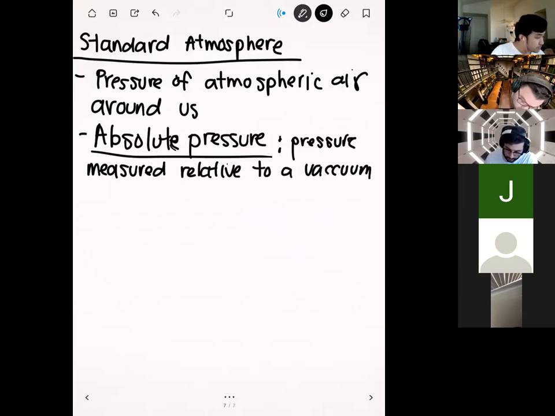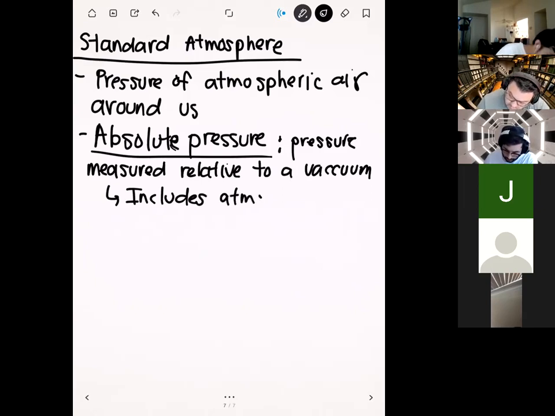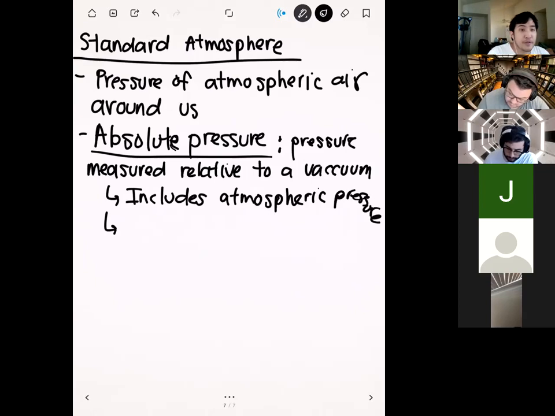The upside for problem solving is that this includes the ambient atmospheric pressure. And another consequence is that because it's measured relative to a perfect vacuum, it's impossible for absolute pressure to be negative.